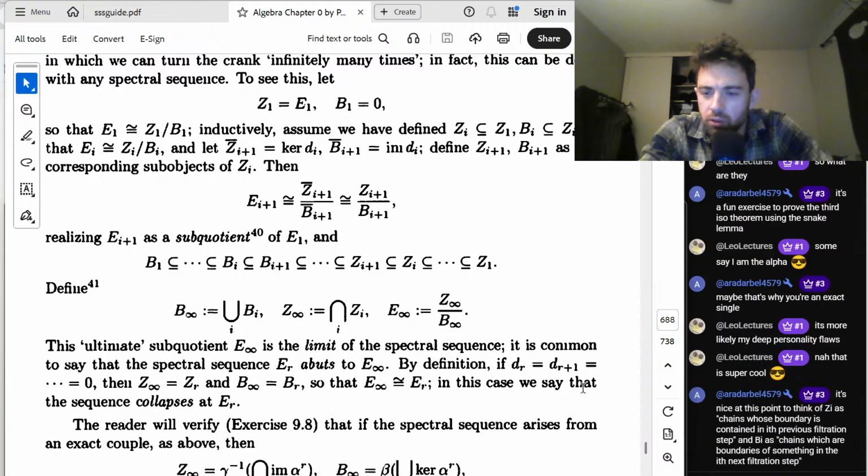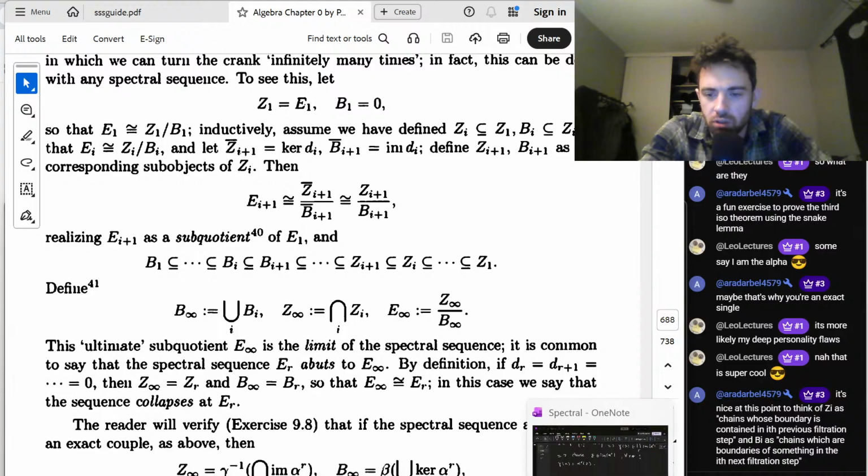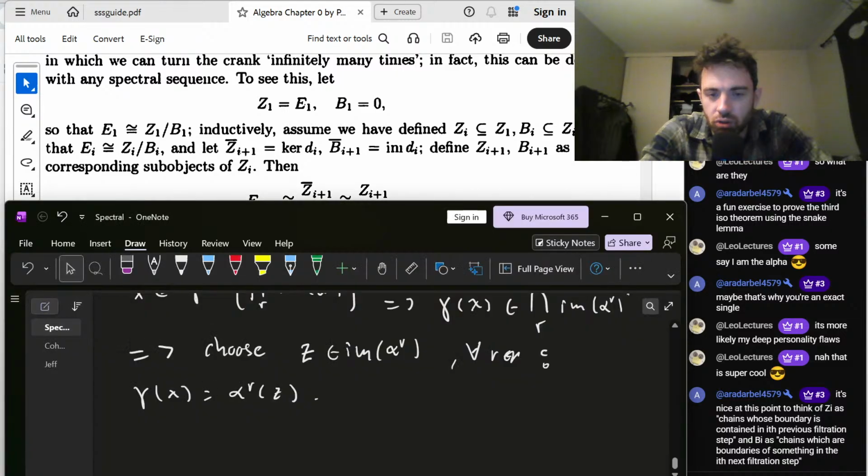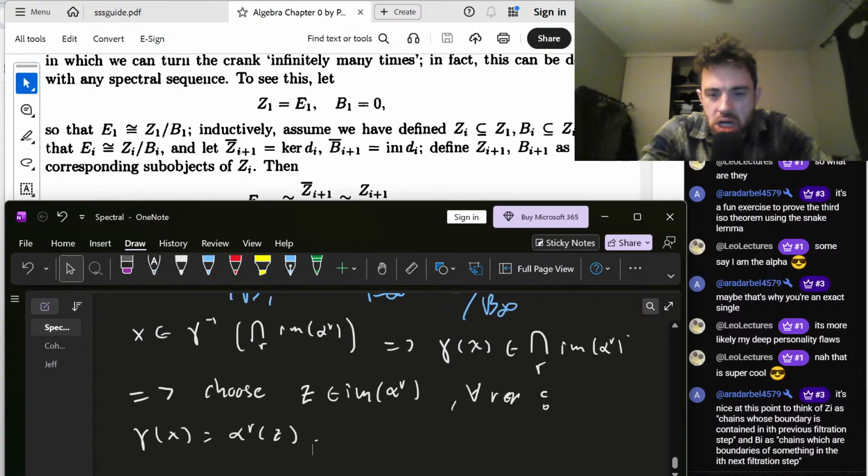It's nice at this point to think of Z_i as chains whose boundaries are contained in the ith previous filtration step, and B_i is chains which are boundaries of something in the next ith filtration step. Sure. Okay.